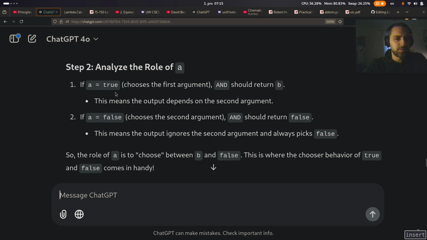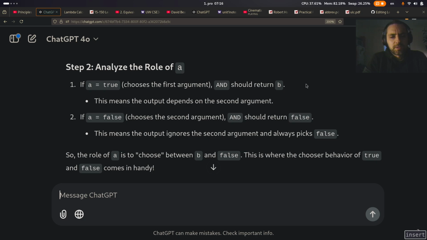If A is true, it chooses the first argument and should return B. This means the output depends on the second argument.